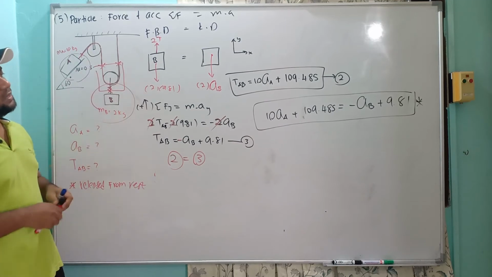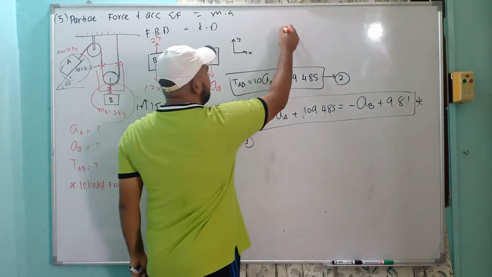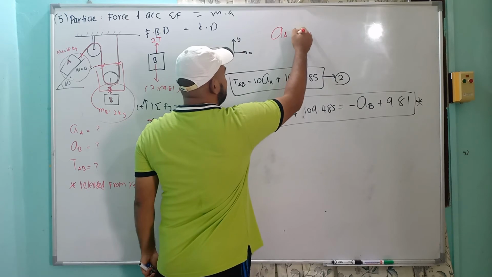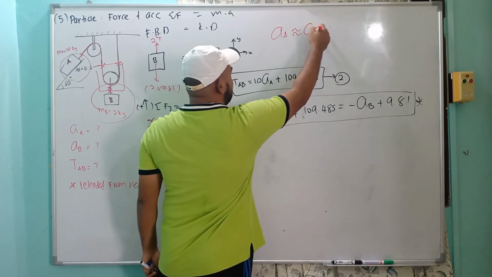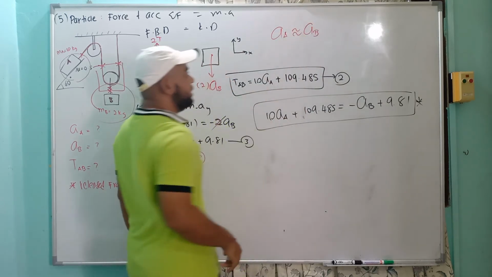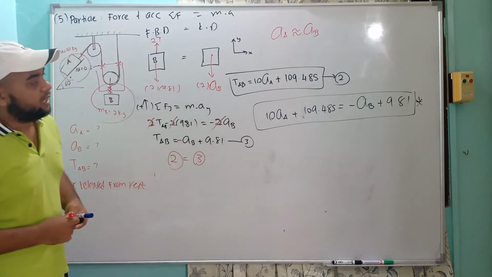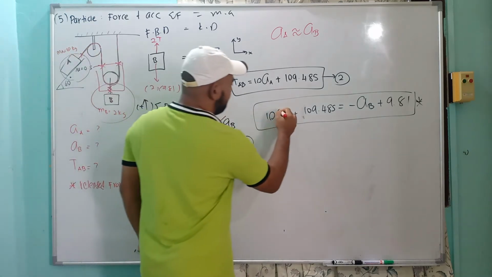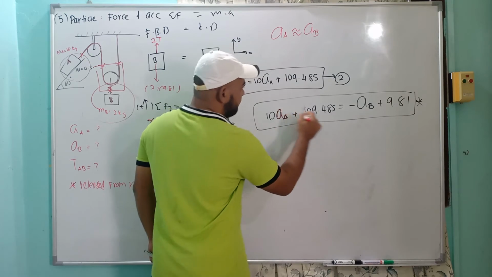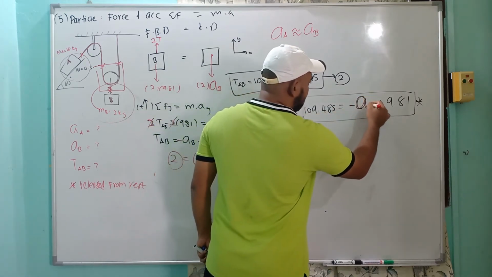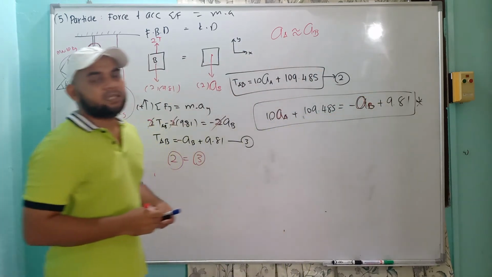But we see from this figure that A and B are directly connected by this cable. So there must be something that links AA and AB.